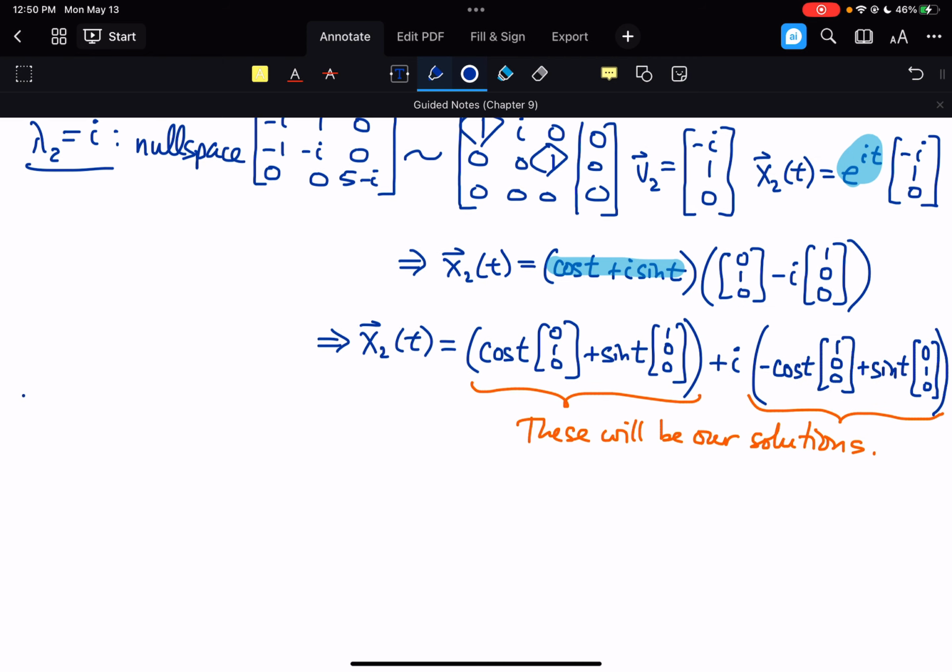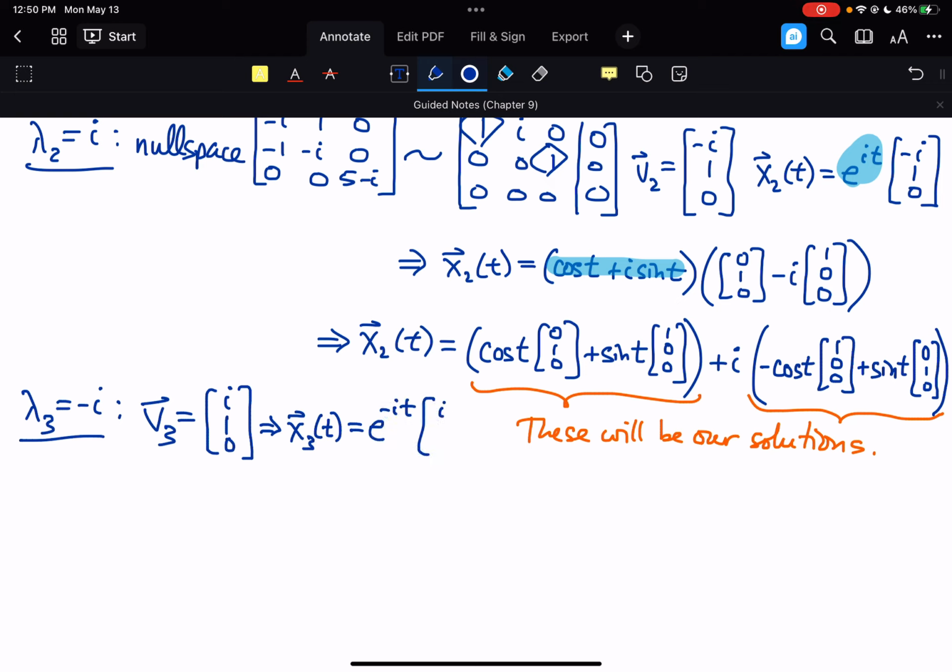Now, if we look at what happens with lambda 3, because we know if i is an eigenvalue, negative i will also be an eigenvalue, and we know how the form matches, so we don't have to go through the null space again. It'll just give us the complex conjugate. So we get i, 1, 0 instead of negative i, 1, 0, and x3 would be e to the negative it times i, 1, 0.